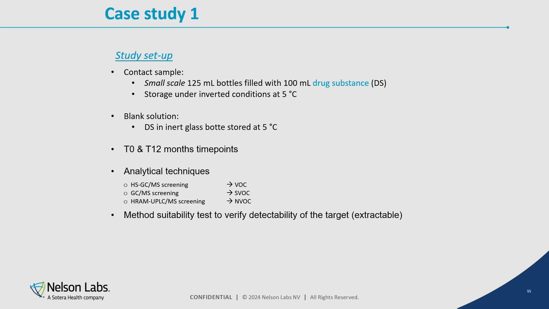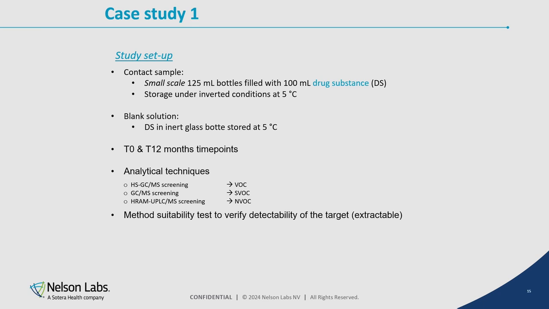So the study setup: the study was actually performed on a small-scale bottle because the 5-liter bottles were a little bit too large to fit into our incubators, and that would also consume a lot of drug substance for our customers, of course. We stored the bottle in inverted conditions, so that there was also worst-case contact with the closure.